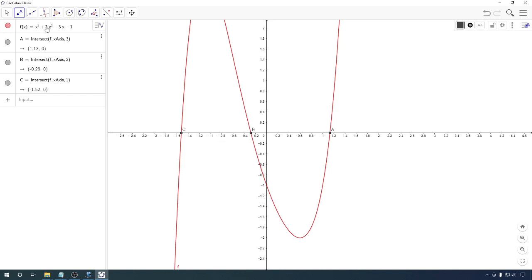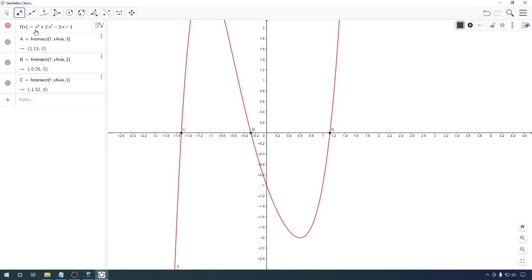Now, this is a 5th degree polynomial. There technically will have to be 2 other roots somewhere. They might be complex numbers, but this doesn't give us all the information about this function. It just gives us what we can see.